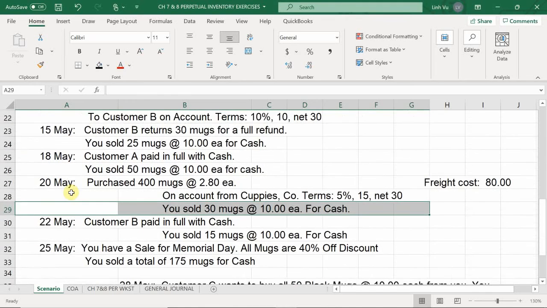Last but not least, we made another purchase of inventory on May 20th. In this case, we purchased 400 units at $2.80 and no returns because this batch was good. However, did we meet the discount due date here?